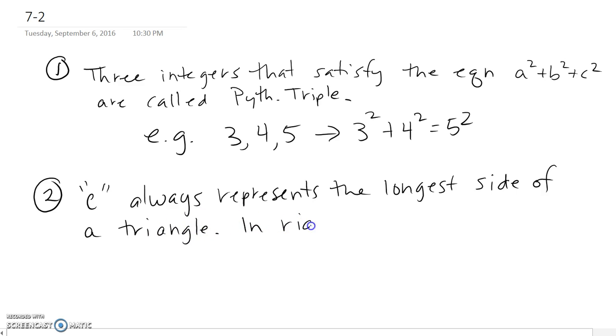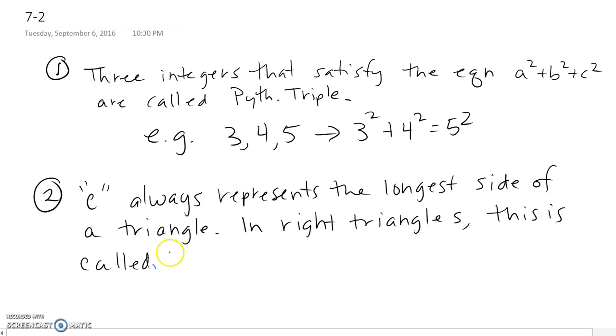In right triangles, this is called the hypotenuse. So do know hypotenuse. When I talk about hypotenuse, I'm talking about the longest side of a right triangle.